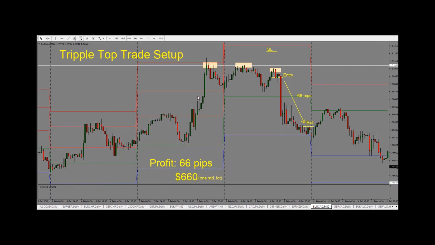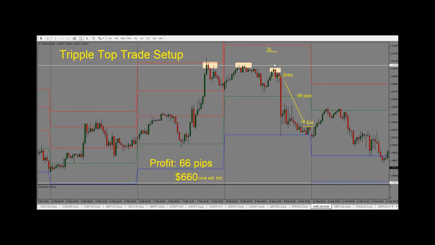In this case, we can see that price went up here, went into our resistance level here, and then pushed off of that, then tried the same level once again, but failed, and tried the same level the 3rd time. And as we can see here in this case, each test is a little bit lower, which is a good indication that price is likely to drop because it does not have as much momentum.